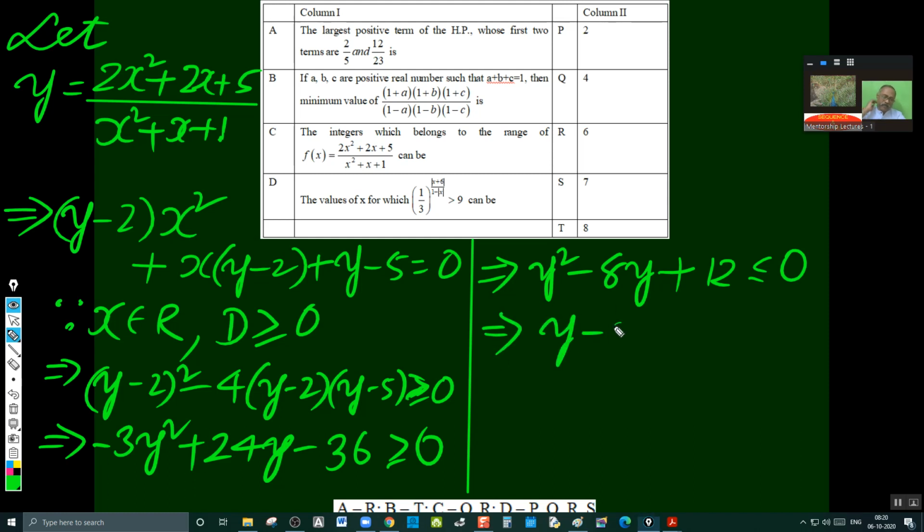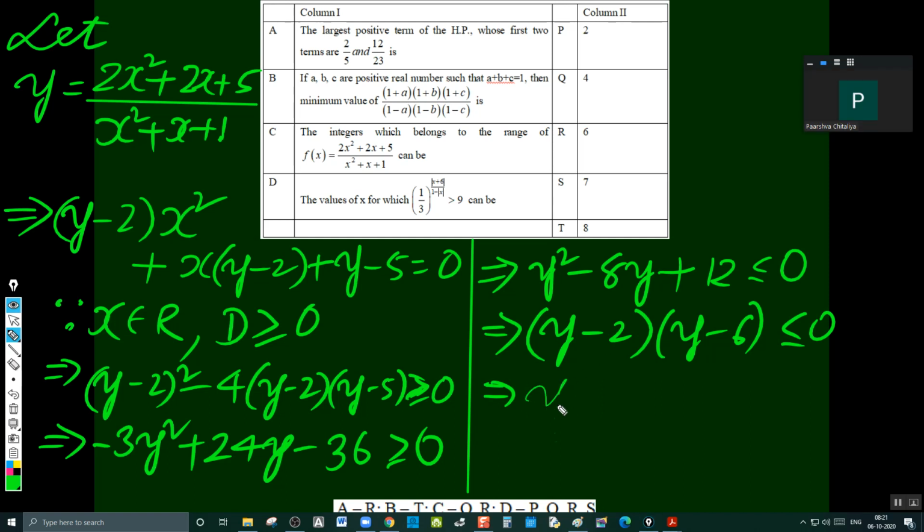So it is y minus 2 into y minus 6 less than or equal to 0. Implies y belongs to 2 comma 6, a closed interval here, as 4 integers are between them.